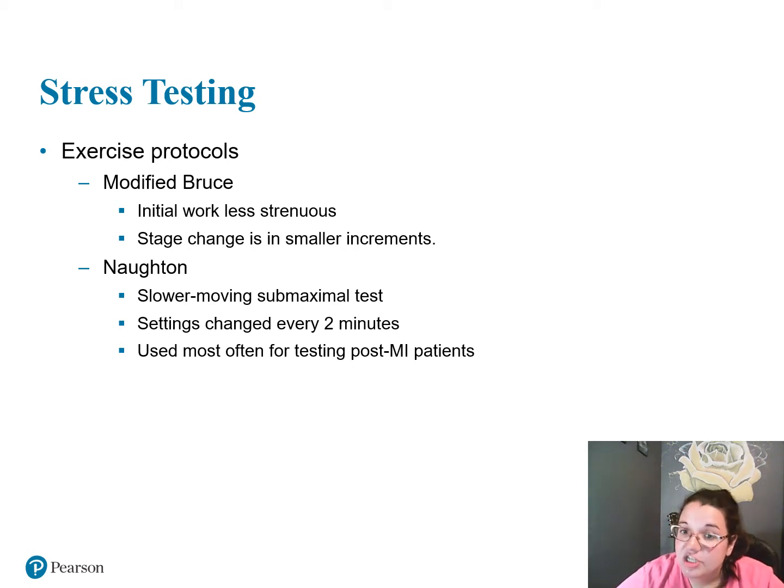The settings change for Norton every 2 minutes. It is used most often for testing in a post-MI patient. Now remember, if I have a post-MI patient, what is my target heart rate? 70%. And how do I figure out my patient's heart rate target? By subtracting their age from 220.